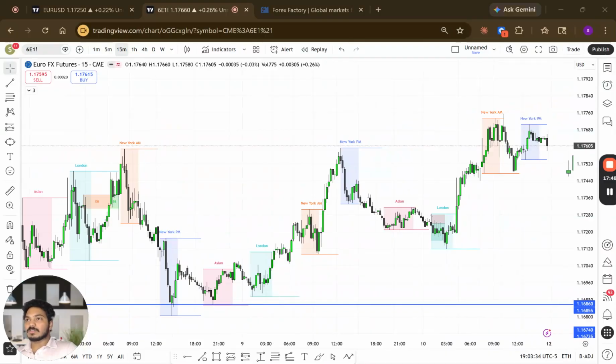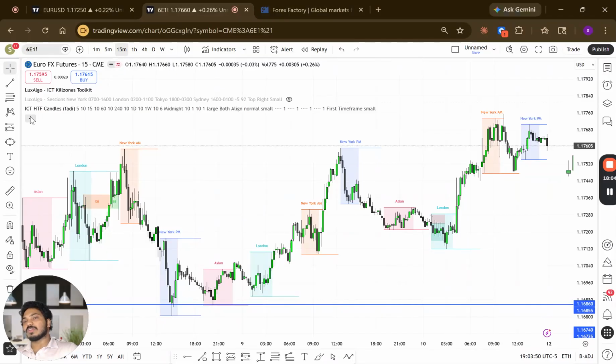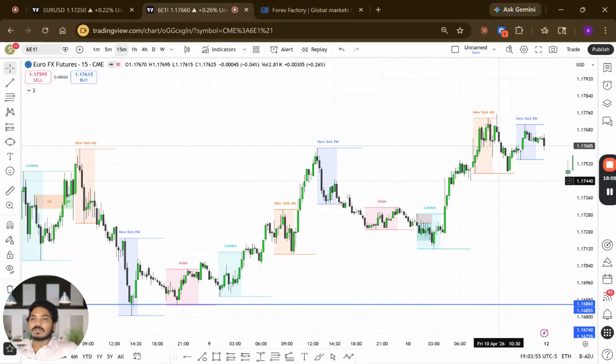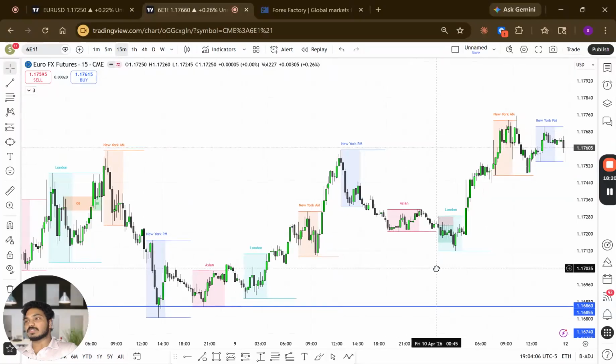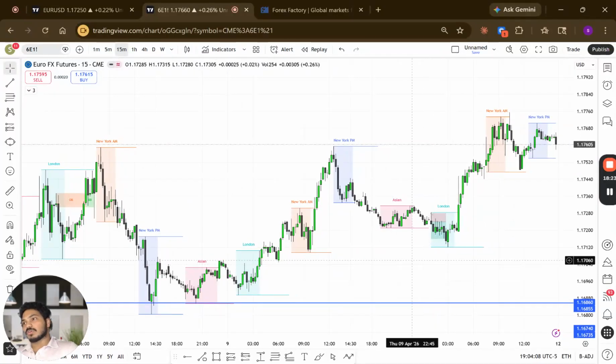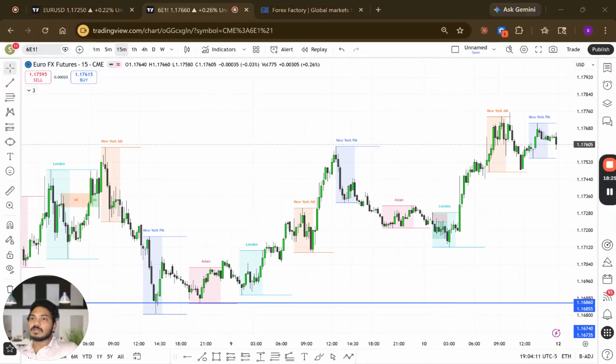On this 15-minute chart, this is where we blend price with time. I use the ICT Killzone toolkit for all this time zone mapping, which is pretty easy. With time you'll automatically get all the timings in the back of your mind, but for your easier understanding, I've put on the indicator.